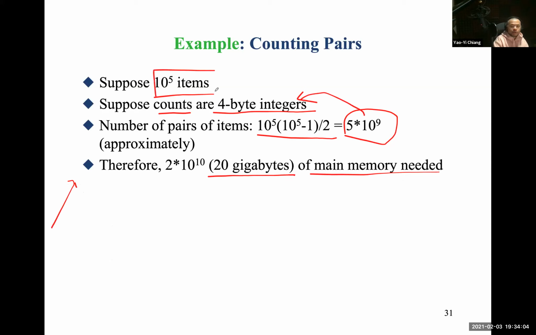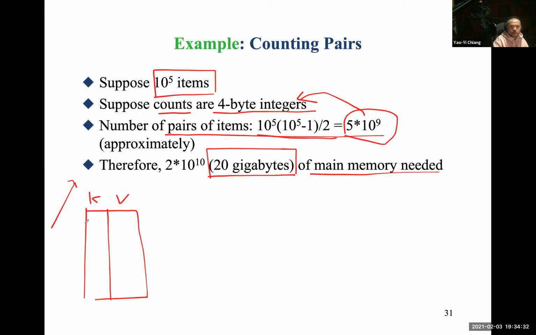If you have all these items and we know we have this number of pairs of items, what we can do is pre-generate a hash table, use 20 gigabytes, key, value, and set every value to 0.